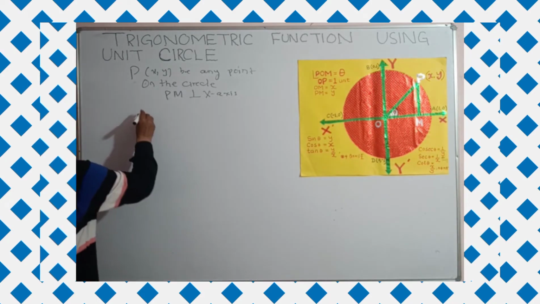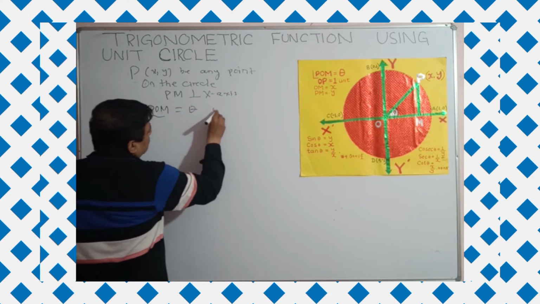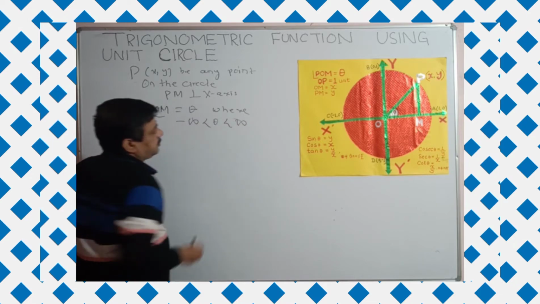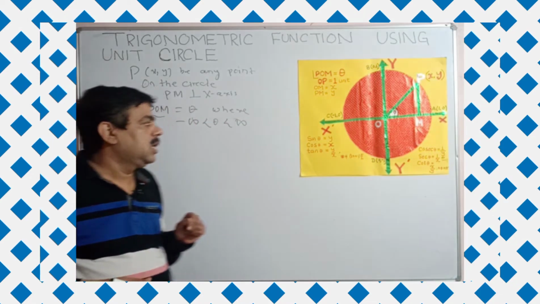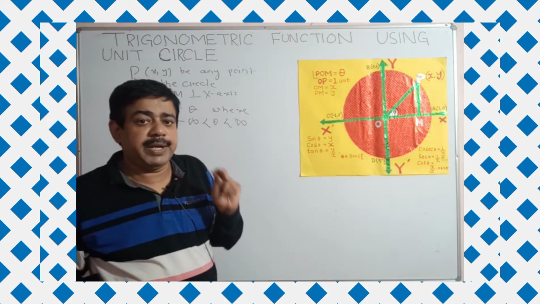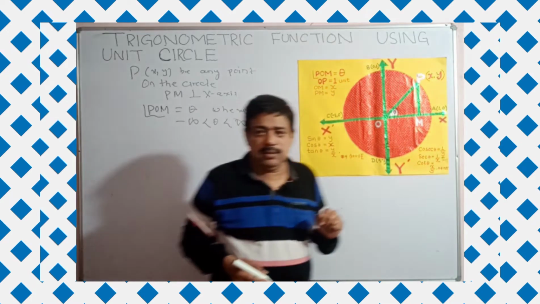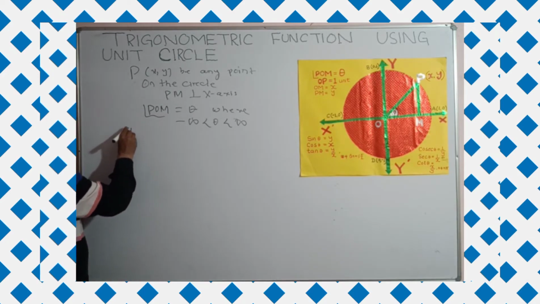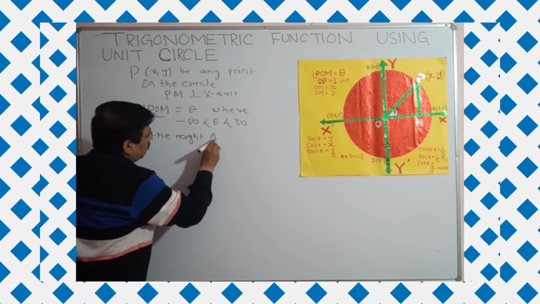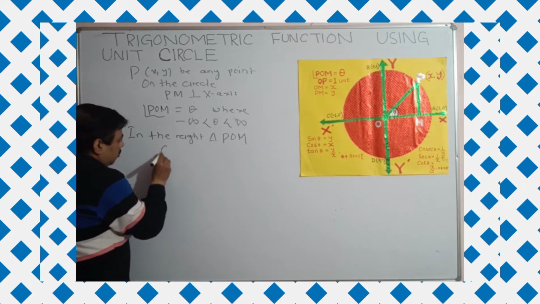Here angle POM is equal to theta, where the value of theta lies between minus infinity and plus infinity. The value of theta is the set of all real numbers. And we are going to find the trigonometric functions of the right angle triangle OMP with respect to the acute angle theta.